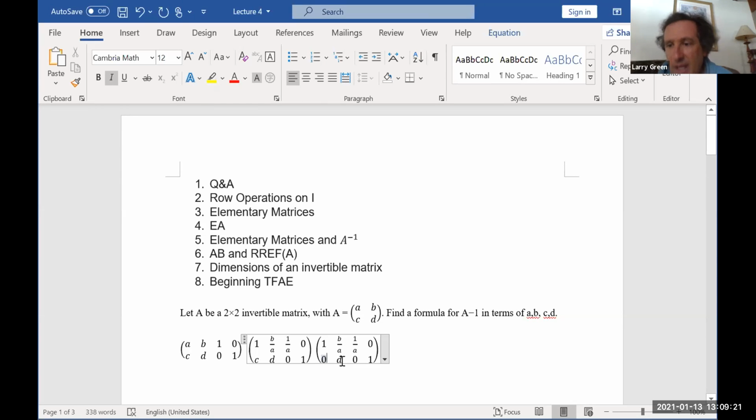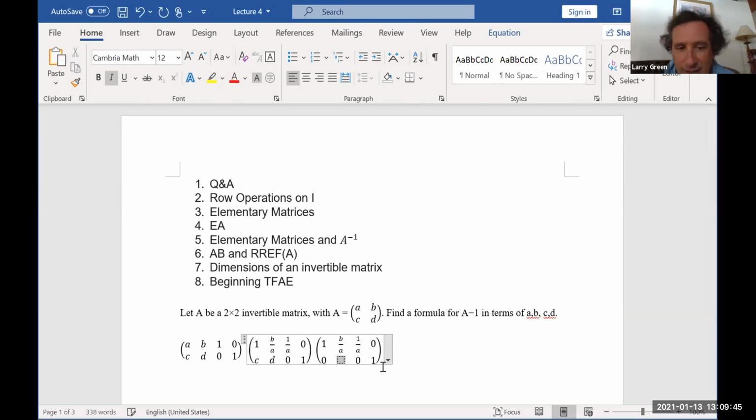Okay. And is it okay if I do 2 steps at once? Not 2 linear algebra steps, but an algebra step. And that is do a common denominator. So negative BC over A plus D is the same as D minus BC all over A. DA minus BC all over A. All right.